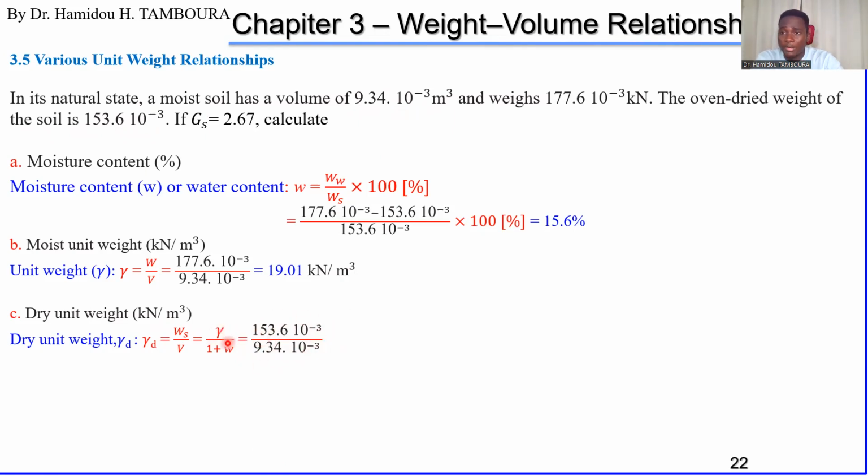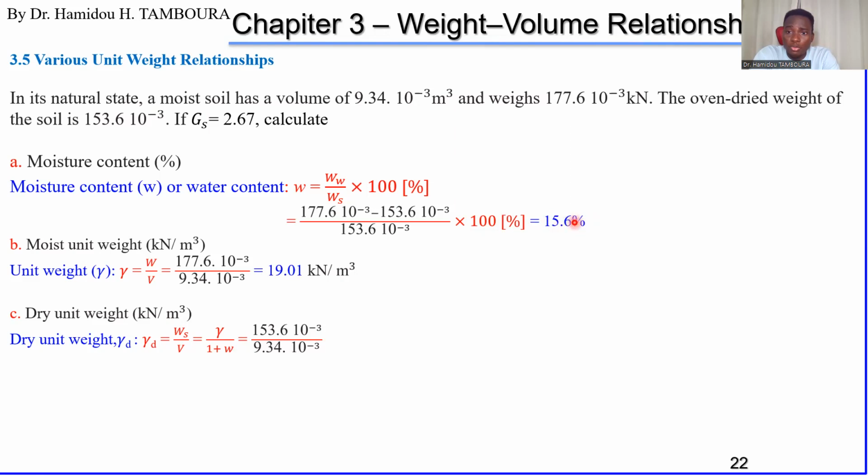And if you have time, please try using this formula. You have gamma equal to 19.01. But when you use the water content, you cannot use 15.6, please. Some people are always confused about this. If you want to use this formula, it should be 0.156, which means 15.6 divided by 100.